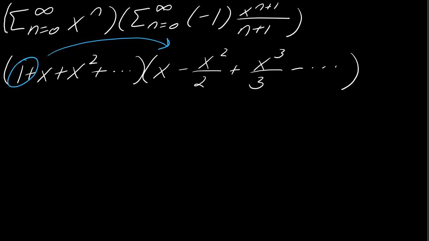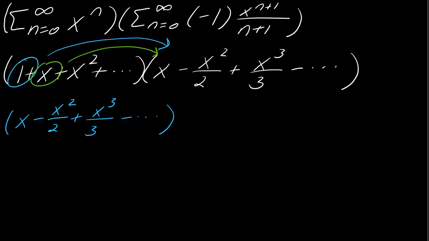So the idea is, I could take 1 times everything in here. If I were to take 1 times everything in there, I would just get this series by itself. So that would be that first set of multiplication. And then I could continue on and take this term now times the entirety of this series. What would that leave me with?